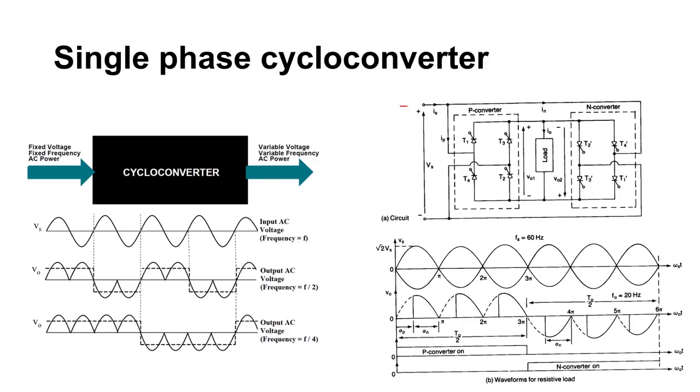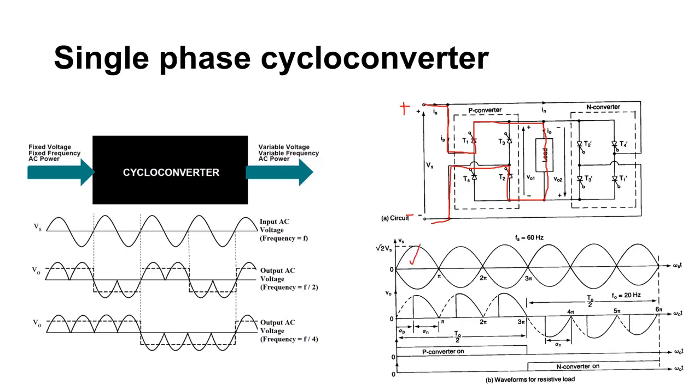During the positive half cycle, this part is positive and this part is negative, and the current flows using the thyristor T1. Current enters the load from the top, flows through the load, and then leaves through T2 during the positive half cycle.